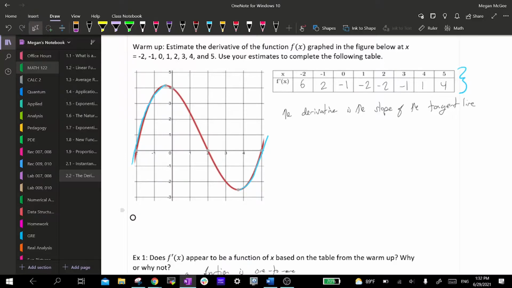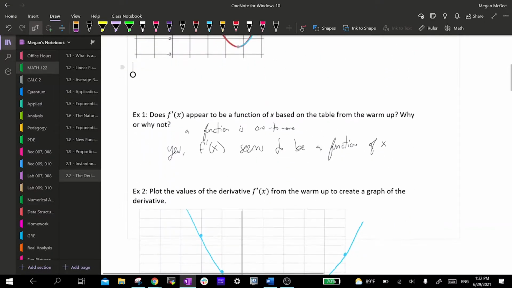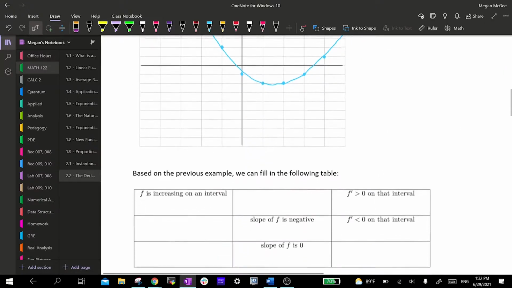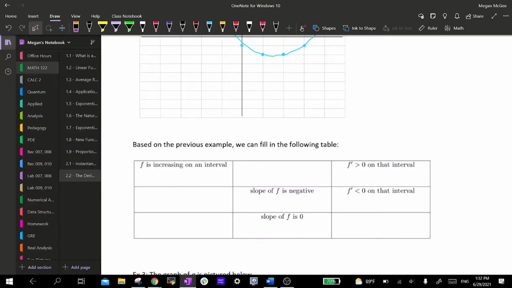All right, so we can look at our f of x values and our derivative values, okay, on those same intervals. And we can see that where f is increasing, the slope of f is positive.